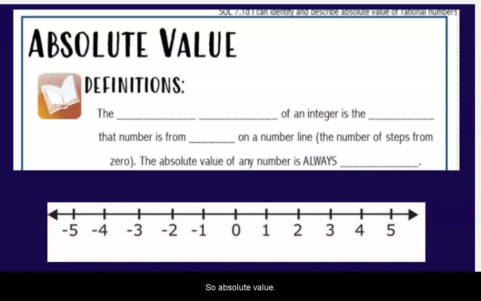So absolute value, the definition: the absolute value of an integer, or any number for that matter, is the distance that number is from 0 on a number line.